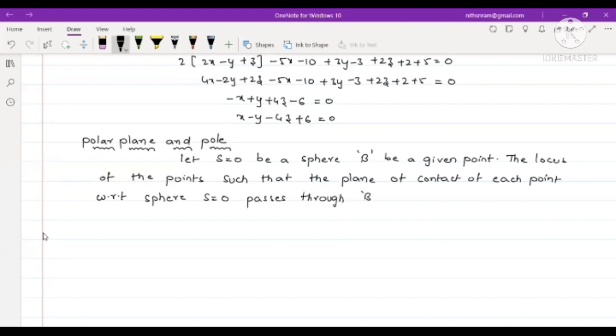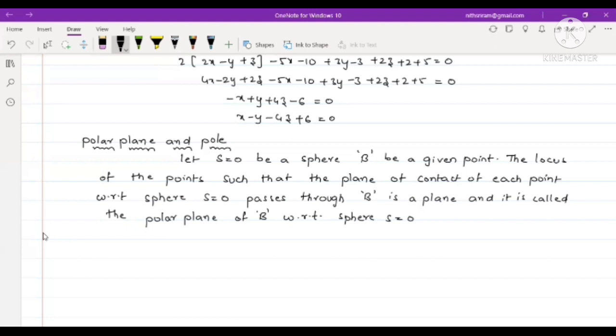passes through B. So B is the given point, passes through B, is a plane, and it is called the polar plane of B with respect to the sphere S is equal to 0.